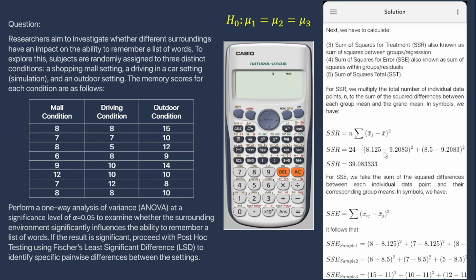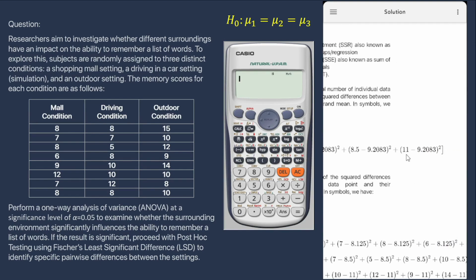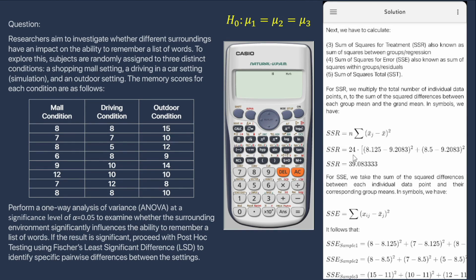In symbols, we have, so this is x bar 1 minus the grand mean squared. This is x bar 2 minus the grand mean squared plus x bar 3 minus the grand mean squared. The square differences is multiplied to the total sample size of 24, giving us an SSR of 39.083333.